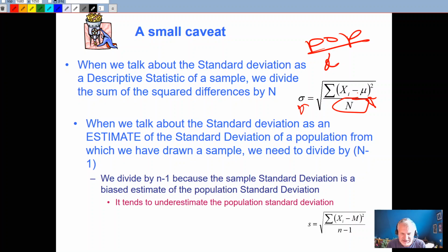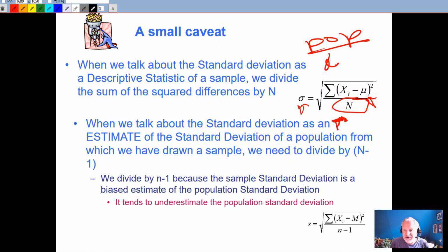What happens is if I calculate the sample standard deviation and I just use this formula here, believe it or not, that's an error. Not good. Here's an error. If I use this formula here, my sample standard deviation will be a biased estimate of the population standard deviation.